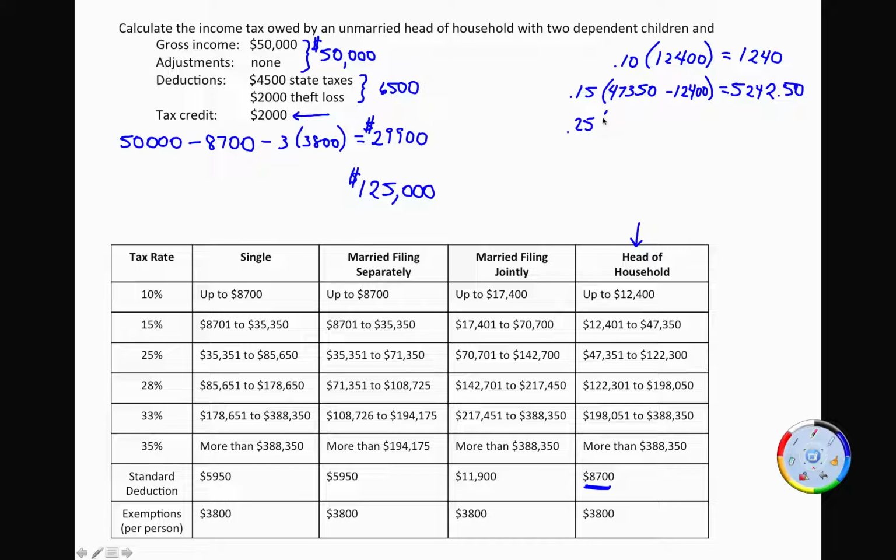So we'd say 25% of, and because he even made more than $122,000, we'll take the $122,300 and we'll subtract $47,350, because he's already paid taxes on his $47,350. Plug that in the calculator.